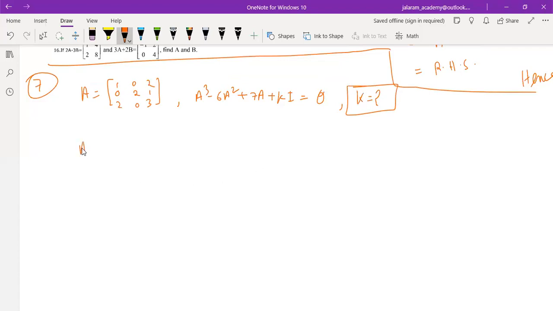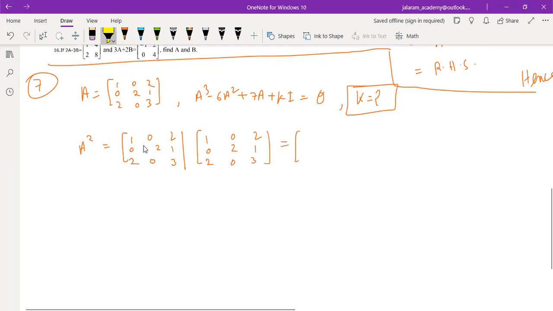So first of all, find A cube. Before finding A cube, we have to find A square, meaning A into A. Which is equal to first row, first column, so multiply it.